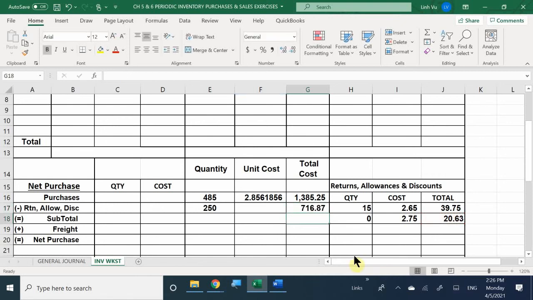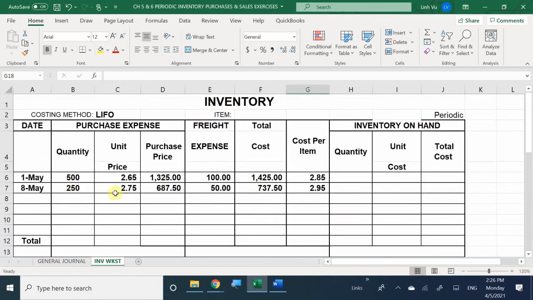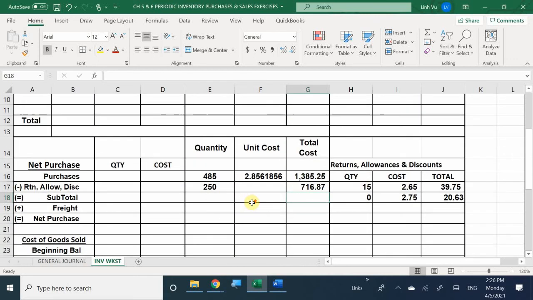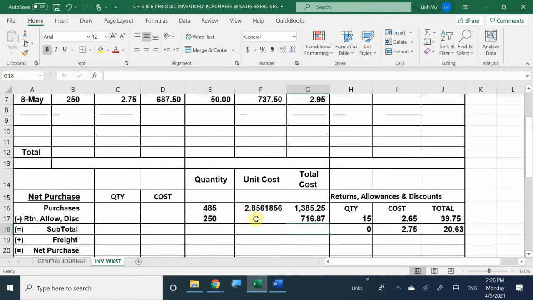716.87. Good. So therefore, I need to recalculate my cost per item now, because even though I have my quantities the same, my total cost has changed, right? Because now I have a discounted price. So my purchase price is no longer going to be the $687.50. It's going to be significantly lower. Therefore, I need to spread it across the other 250 items, right?